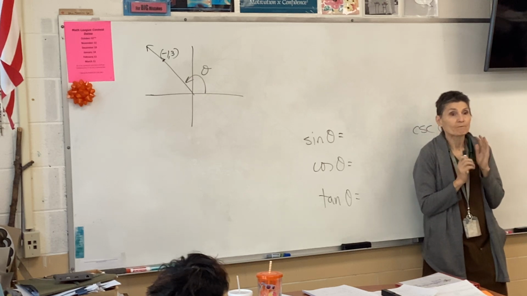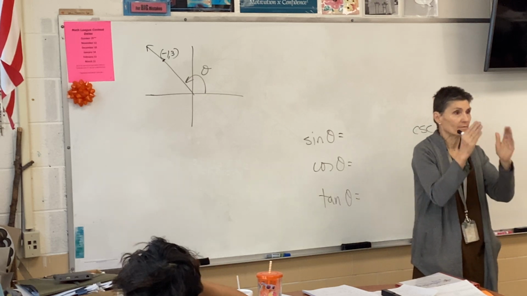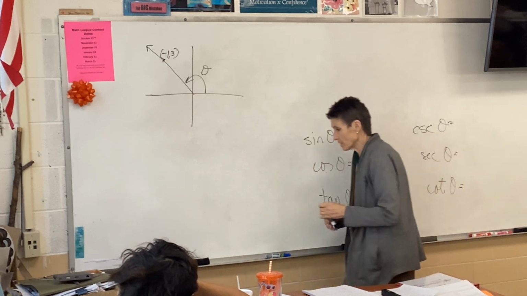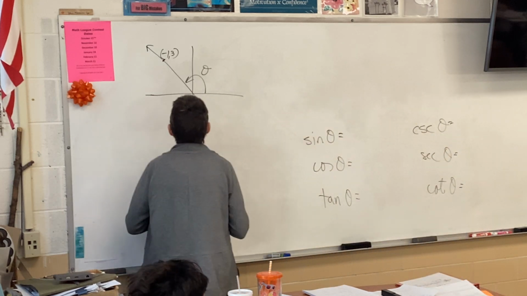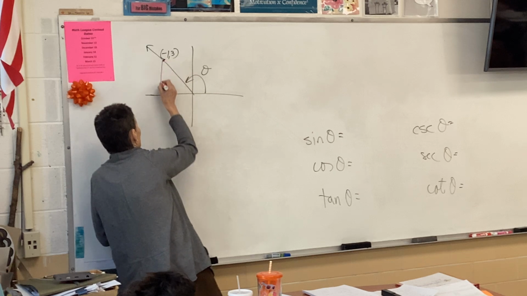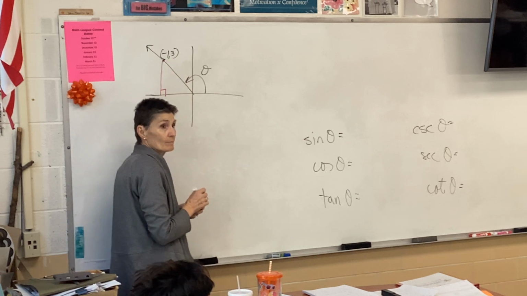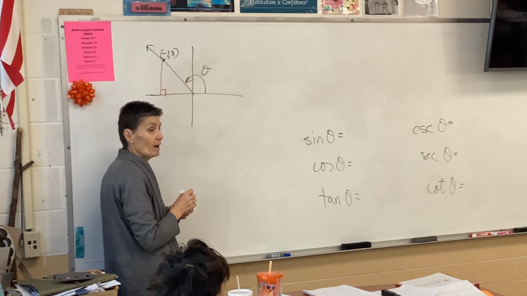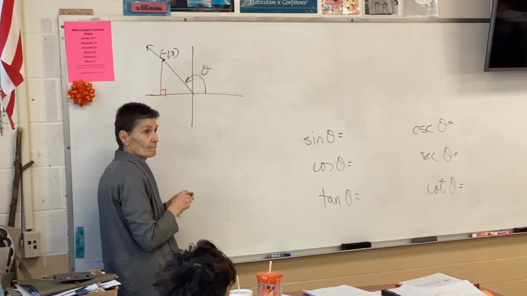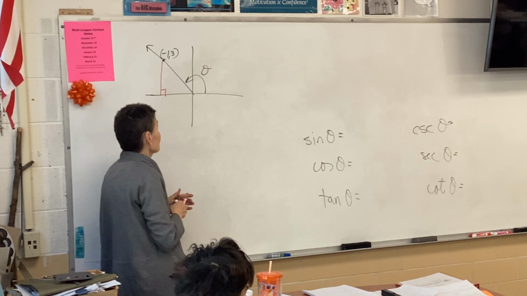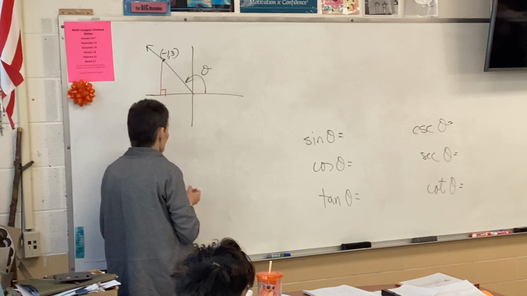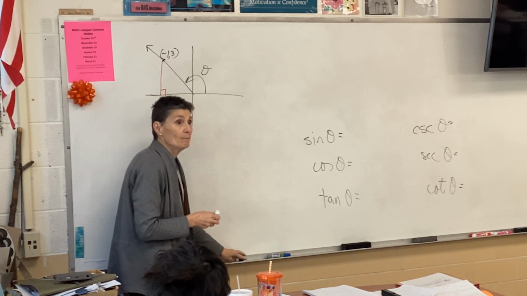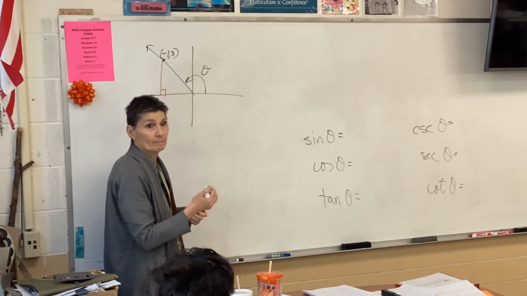All right, so what's the first thing I do? Step 1. Here's first draw. That's right. Daria says I need my triangle. So I'm going to drop a perpendicular straight down. That's how my triangle has to go. And then I should be able to label the sides.